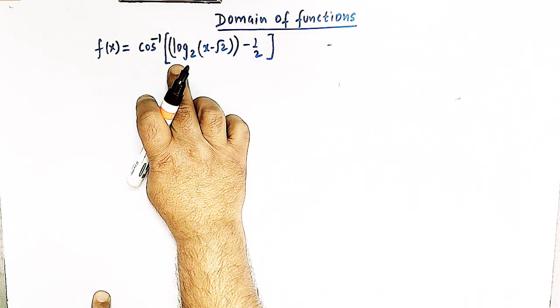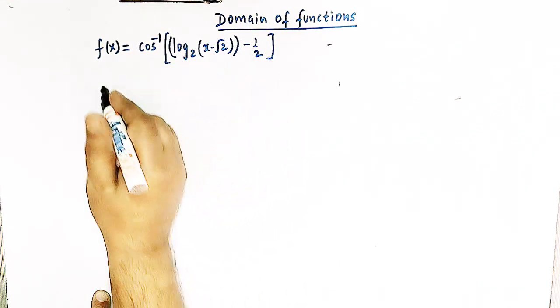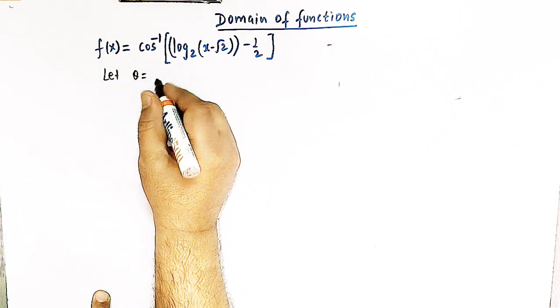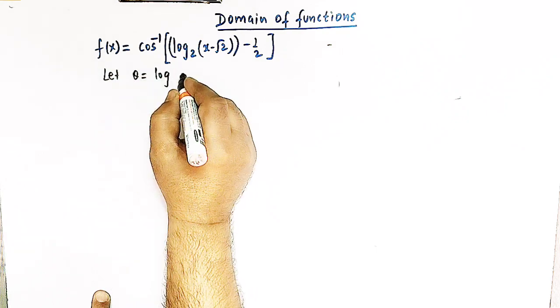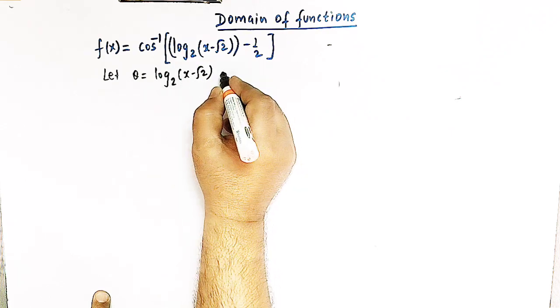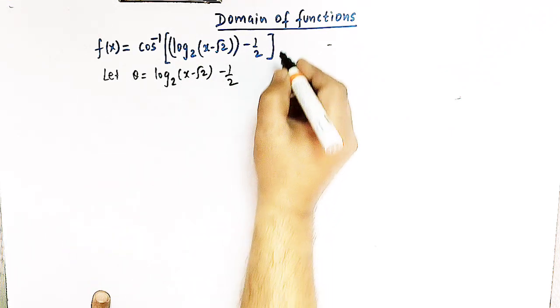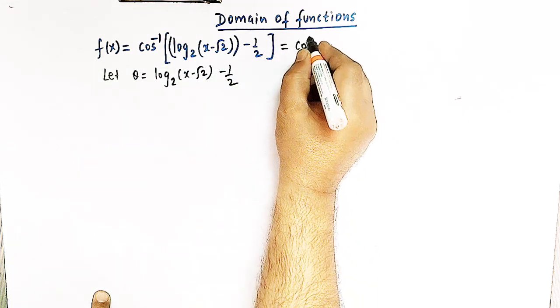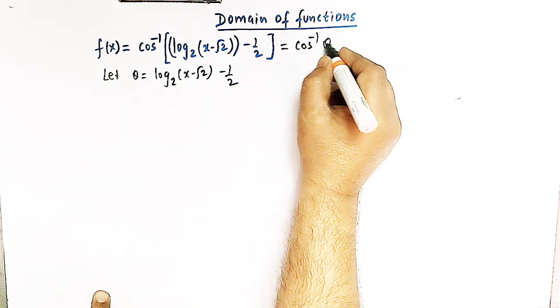So here let us take this term as theta. So we can now take theta equal to log of (x minus square root of 2) to the base 2 minus half, so that this function assumes the form cos inverse theta.